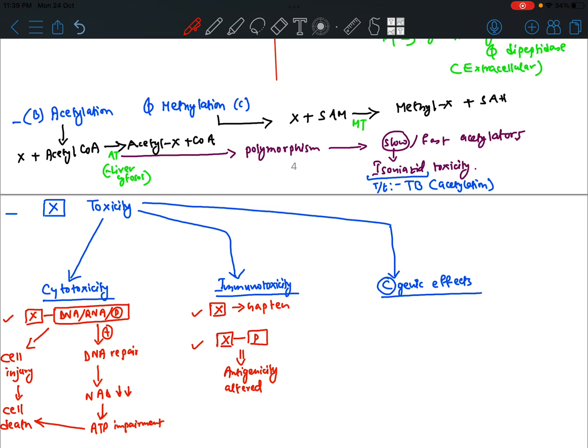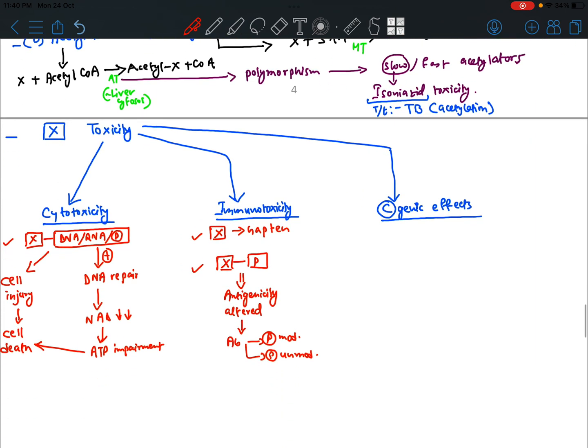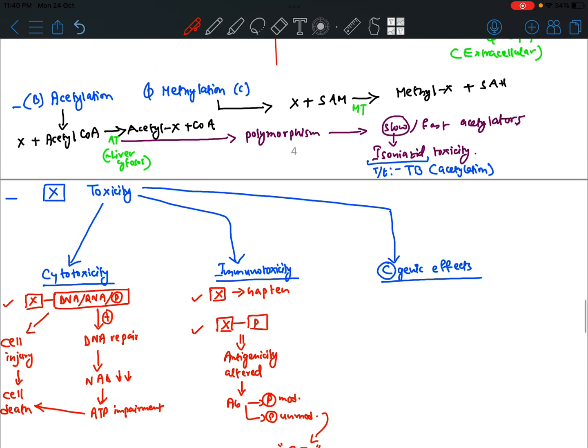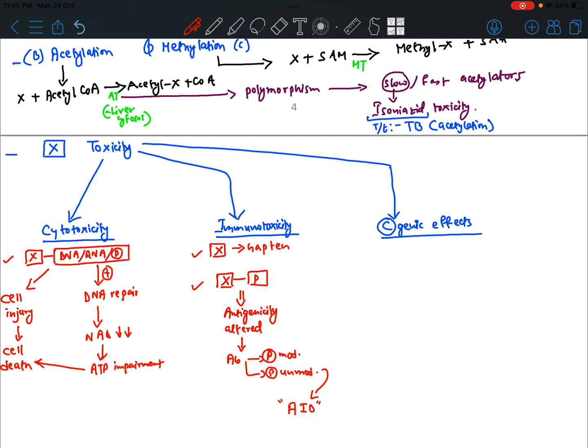The resultant antibodies react not only with the modified protein but also with the unmodified protein, and this will lead to autoimmune disease, because we didn't want to destroy that protein, but the antibodies attacked it.